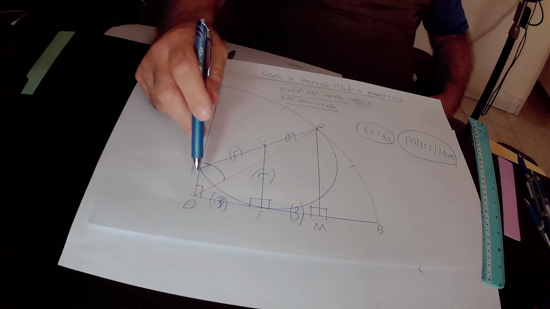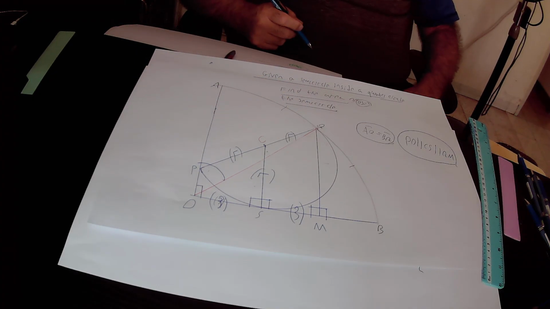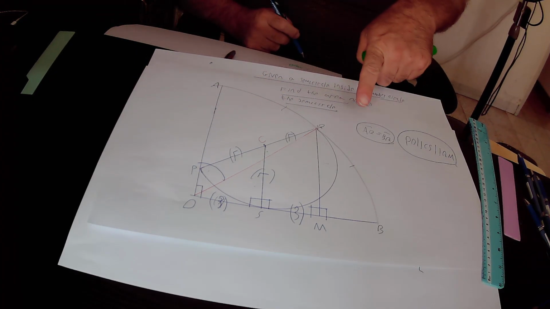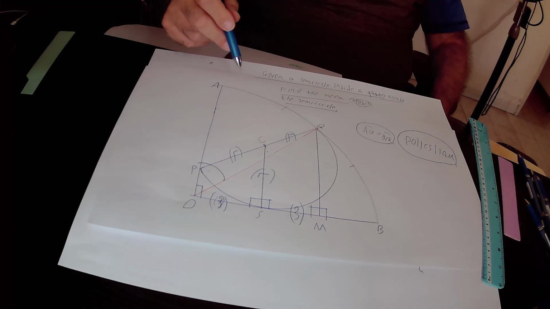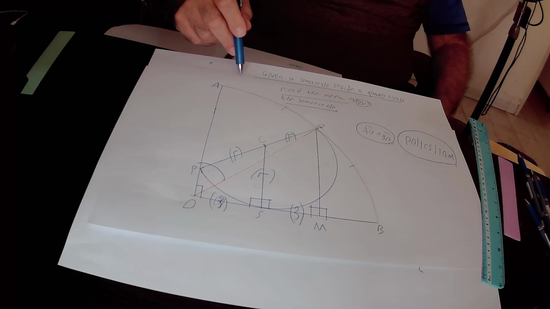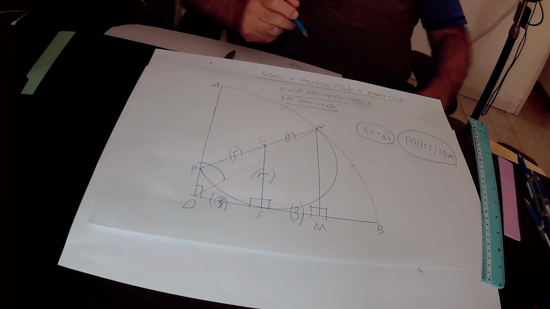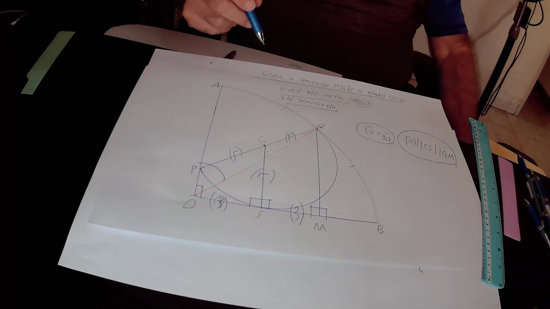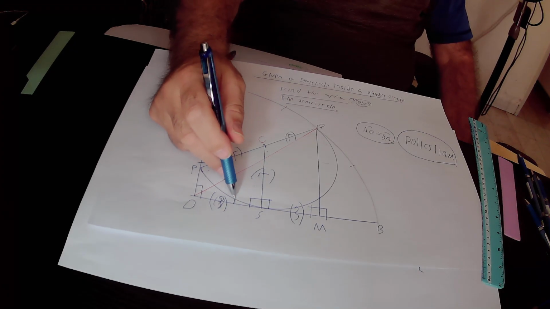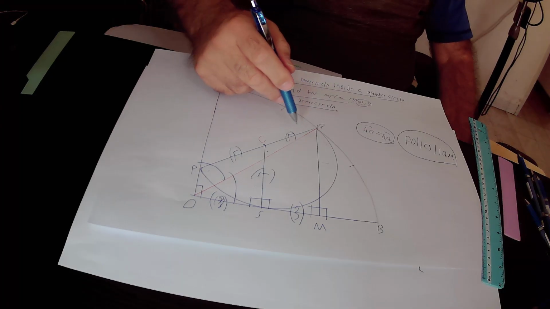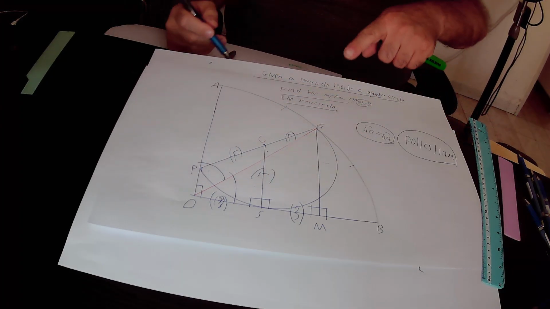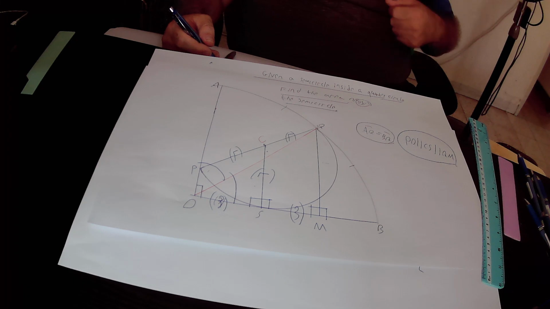This center angle AOQ subtends chord AQ, and it subtends this arc AQ. Likewise, this is center angle QOB, which subtends this arc QB.